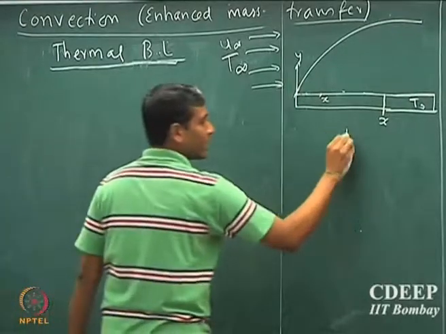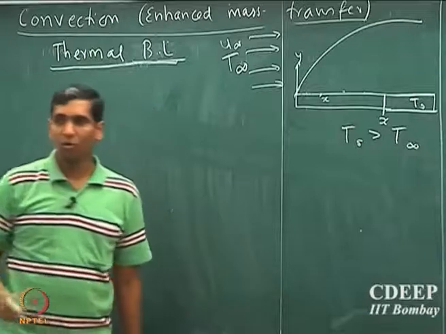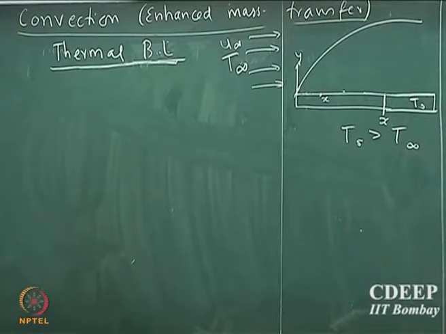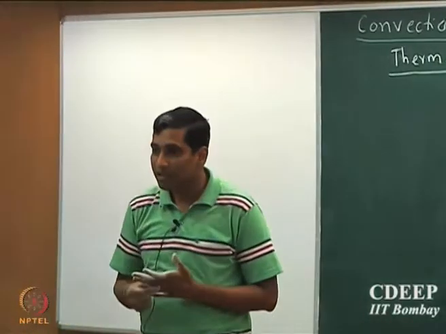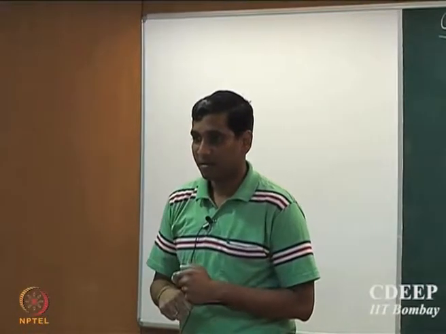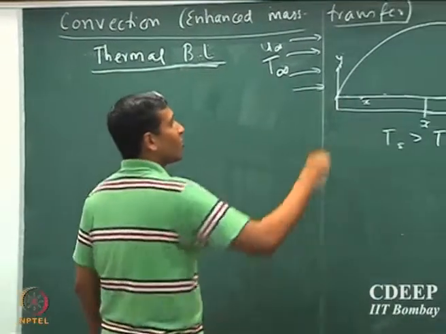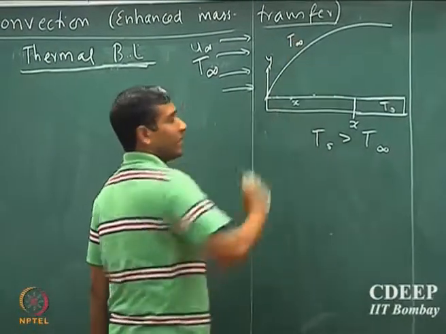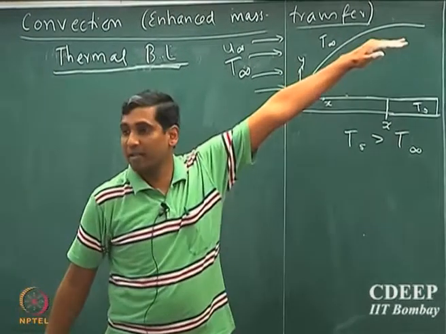If I assume that Ts is greater than T infinity, what will be the temperature profile? T infinity is the temperature of the free stream fluid above the boundary layer.